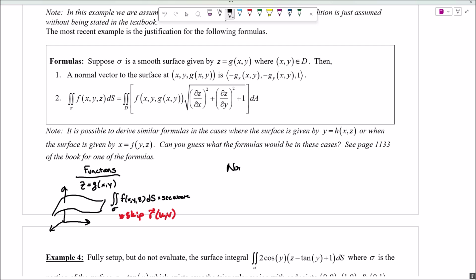However, if I have a non-function, something maybe like the sphere that we looked at in one of our previous examples, this certainly does not pass a vertical line test.